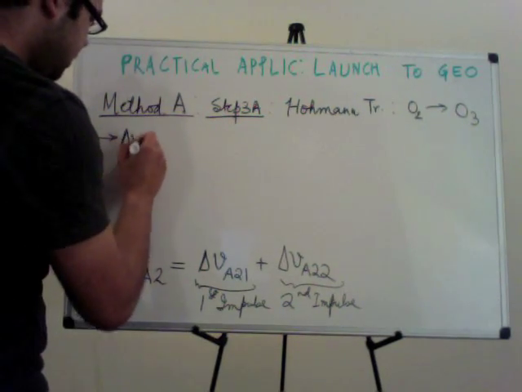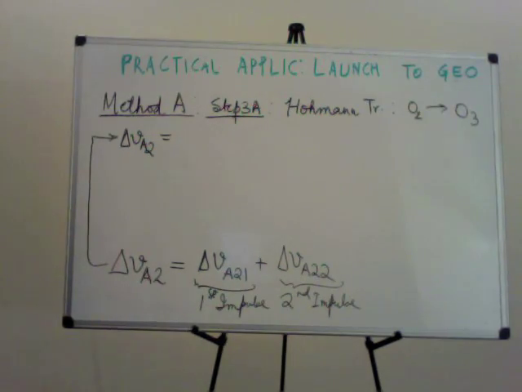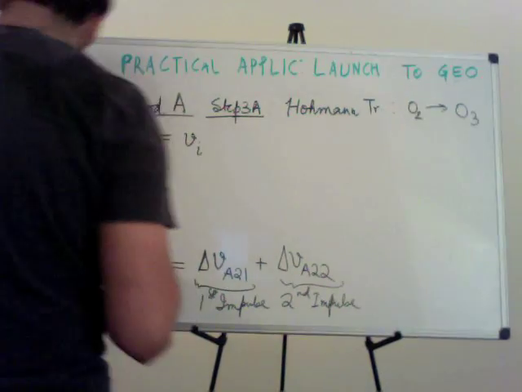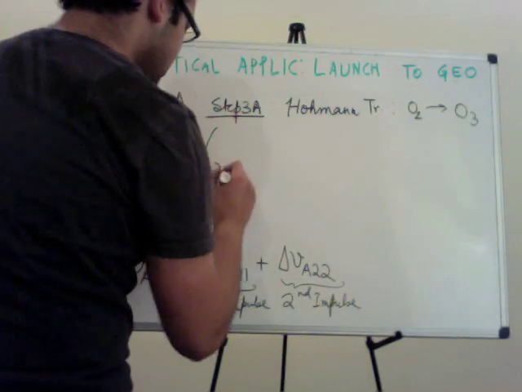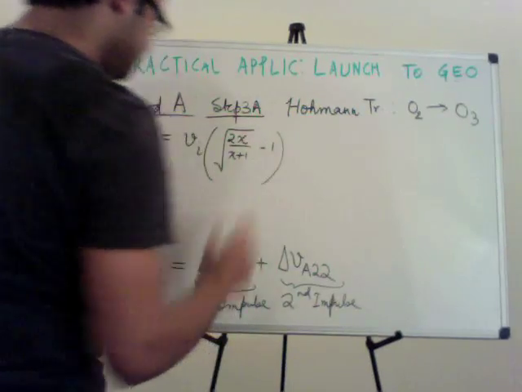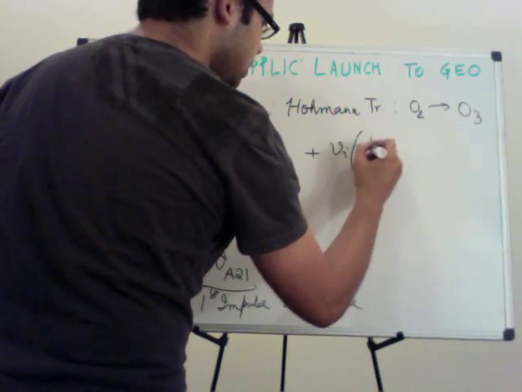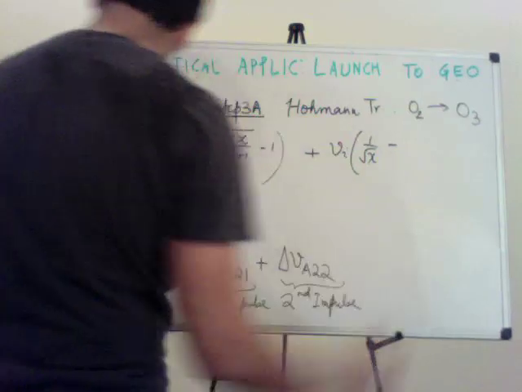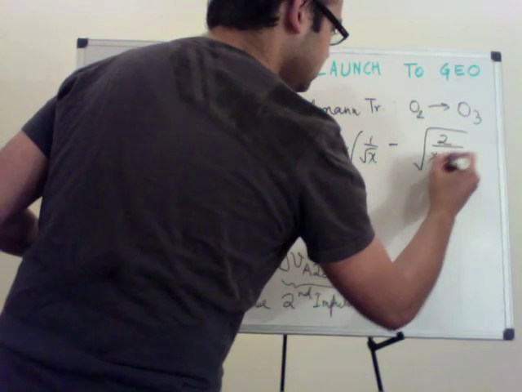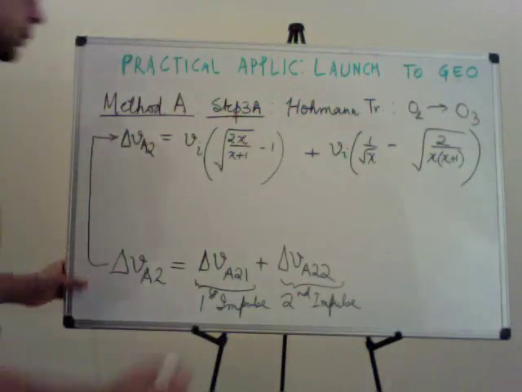So I have delta V A2, method A, second delta V, is equal to Vi, this expression we derived in the previous lecture, square root of 2 chi over chi plus 1, minus 1, plus Vi over square root of chi.